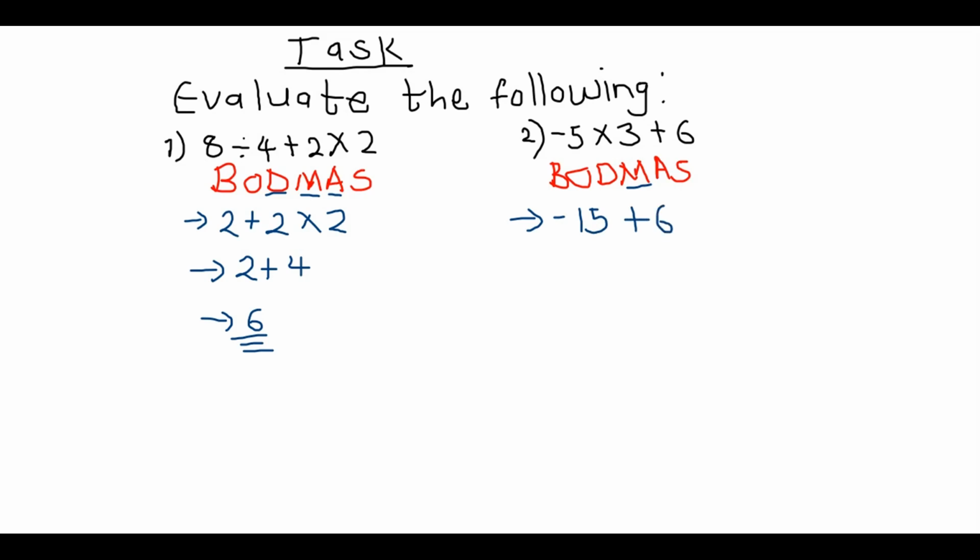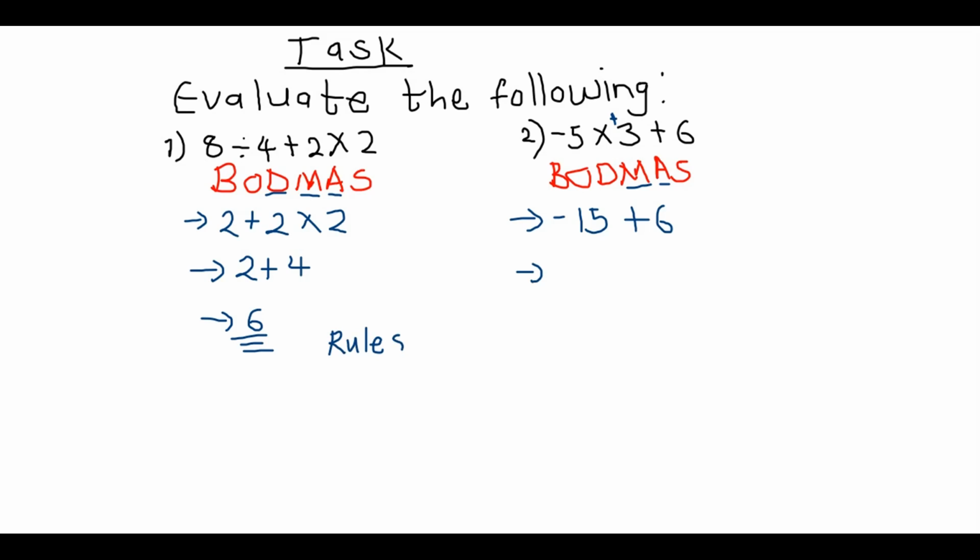Negative multiplied by positive gives us -15. That's how we multiply negative numbers. Then we add. First, we need the rules for multiplying signs.